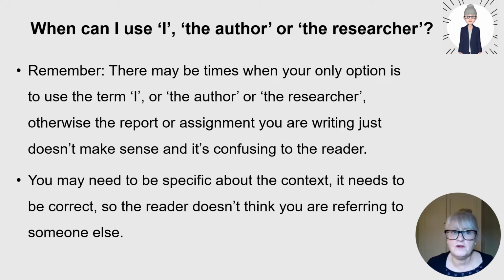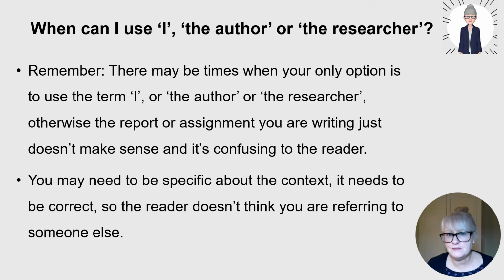So the example I'm going to give is I'm currently writing up my PhD, which is why I look so tired. And I have 3 sentences in my PhD write-up where I have had to put the researcher. And so the sentence is, the researcher did not recruit participants directly. Or I could have written, participants were not directly recruited by the researcher.